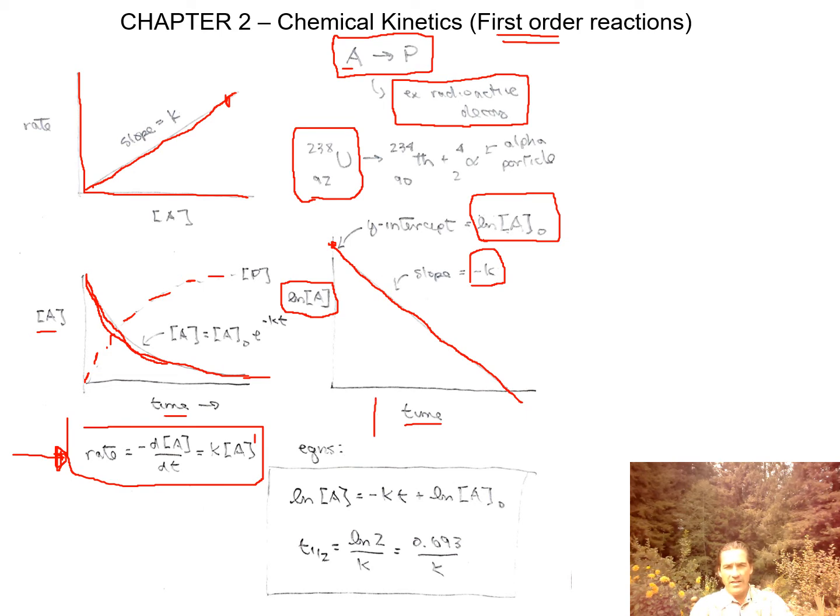From this plot here, we get two equations. We get the slope of the line. This is in mx plus b form, where the natural log of A equals negative kt plus natural log of A naught. So you're going to use this equation when you're dealing with first order reactions, and you can relate the concentration with time.